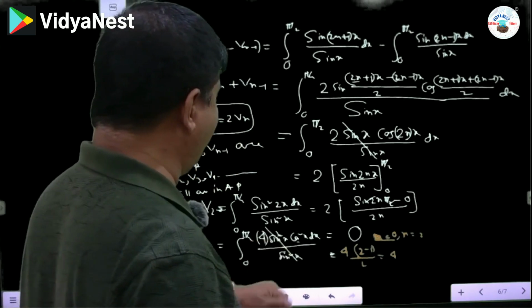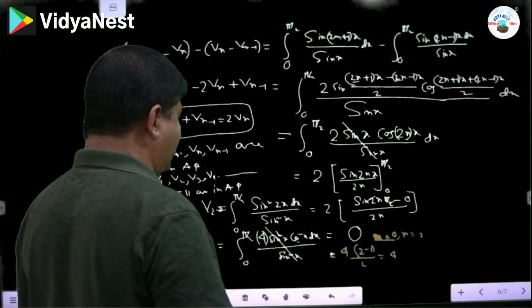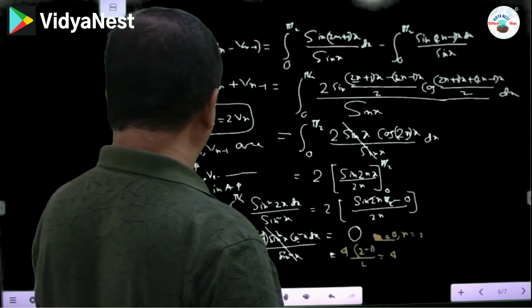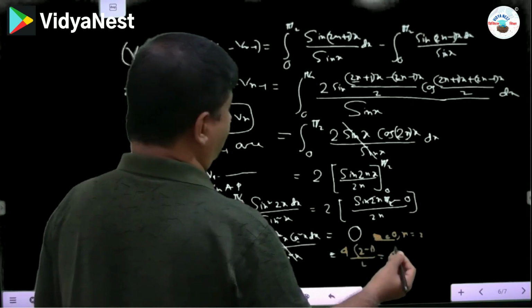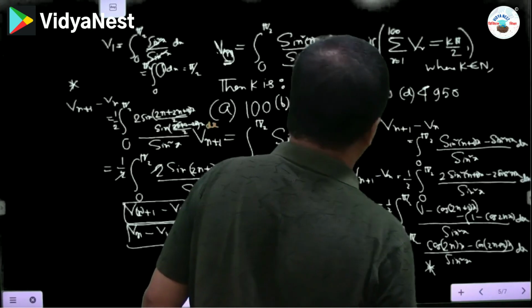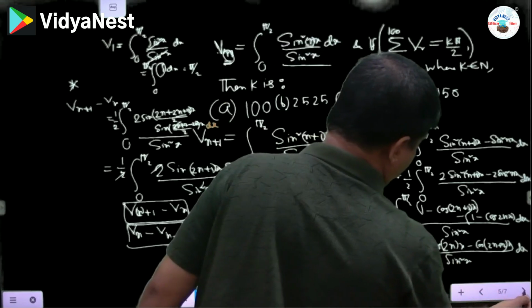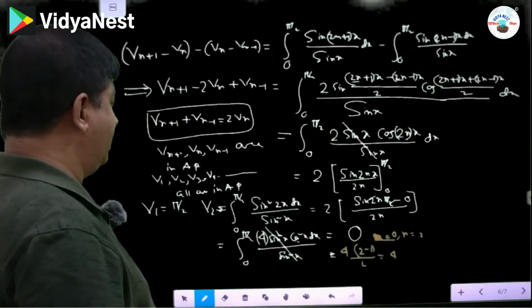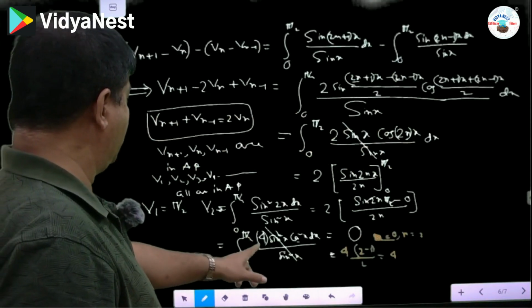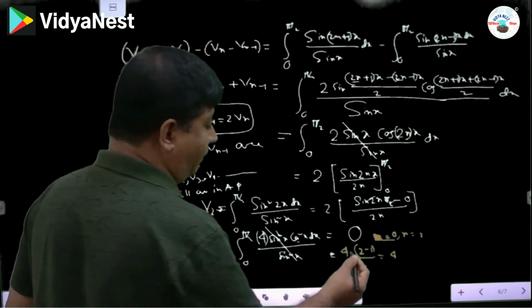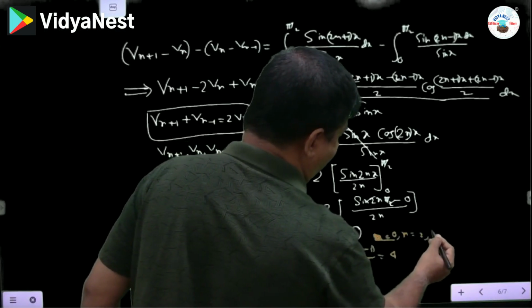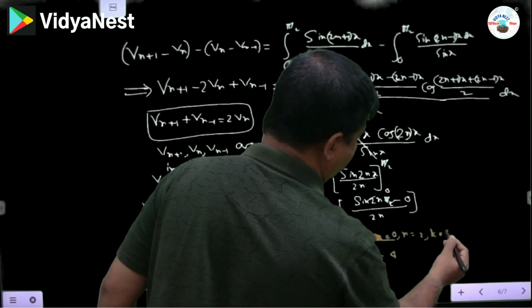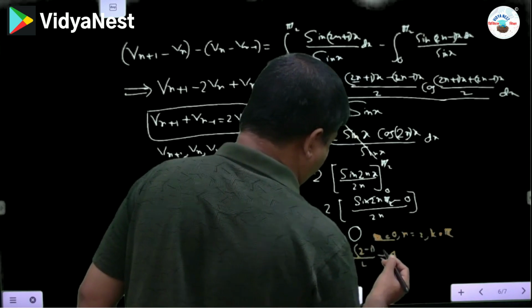And both are even numbers. In the denominator, both are even numbers. That means k is pi by 2. K is pi by 2.